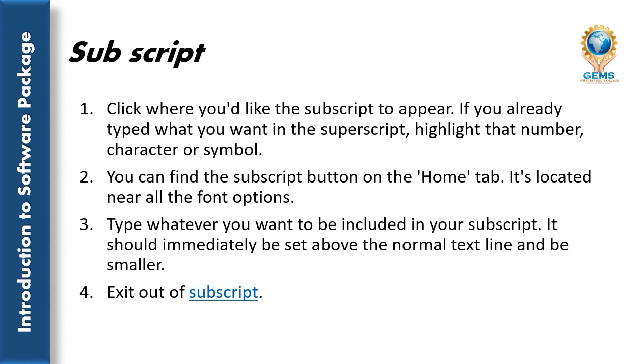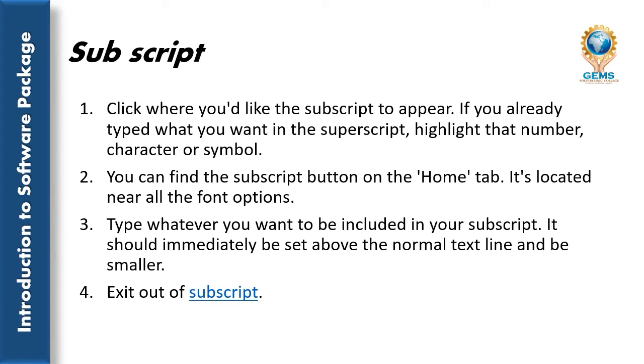Now we will see how to use subscript. Click where you would like the subscript to appear. If you have already typed what you want as the subscript, highlight the number, character or symbol. Before highlighting, open the existing document, and you can highlight the character, text, paragraph or symbol, whatever it is.